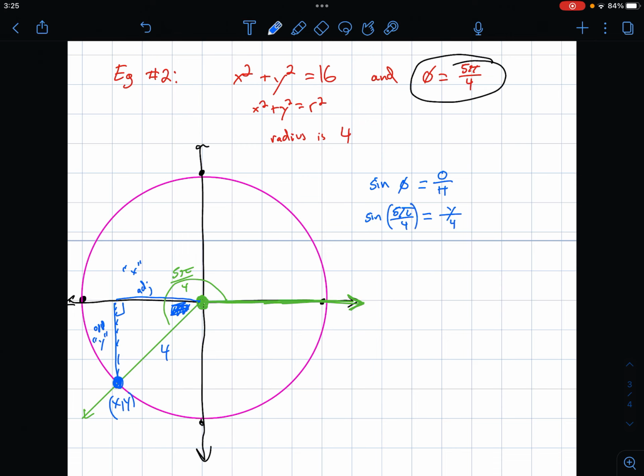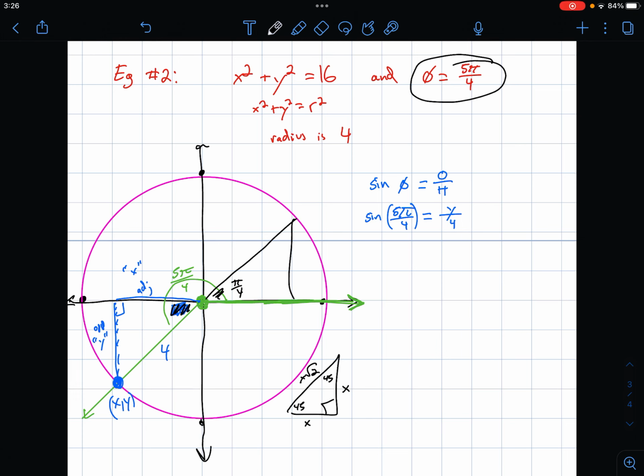And remember, this is an angle. Sine of 5 pi over 4, so that has a reference angle of pi over 4, somewhere over here, right? Pi over 4 is my reference angle. Pi over 4 is like 45 degrees, so that means my reference here is a 45, 45, 90 triangle with x, x, and x root 2.